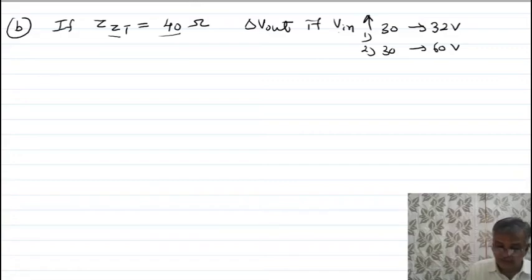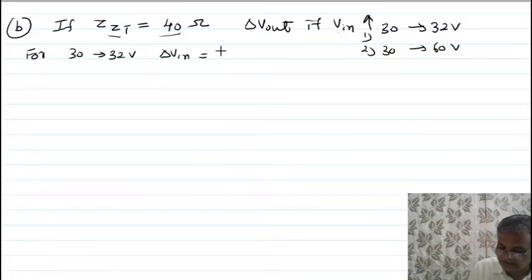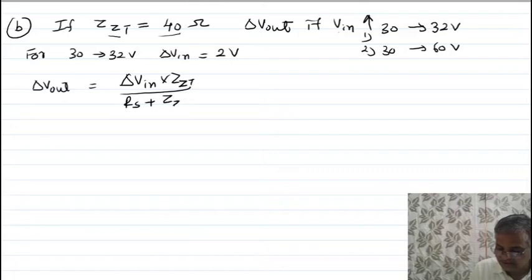We use this equation. For 30 to 32 volt input voltage, the change in input voltage, delta V in, is 2 volt. And already we have written delta V out is nothing but the change in input voltage multiplied by the impedance of the zener upon RS plus ZZT, in the previous slide.